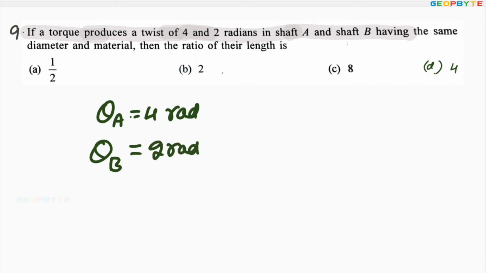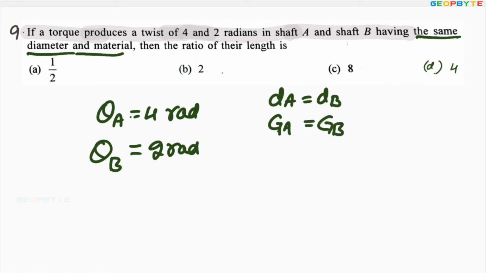Having the same diameter means dA equal to dB, and same material means GA equal to GB, shear modulus remains the same. Then the ratio between the lengths, LA by LB, equal to how much?